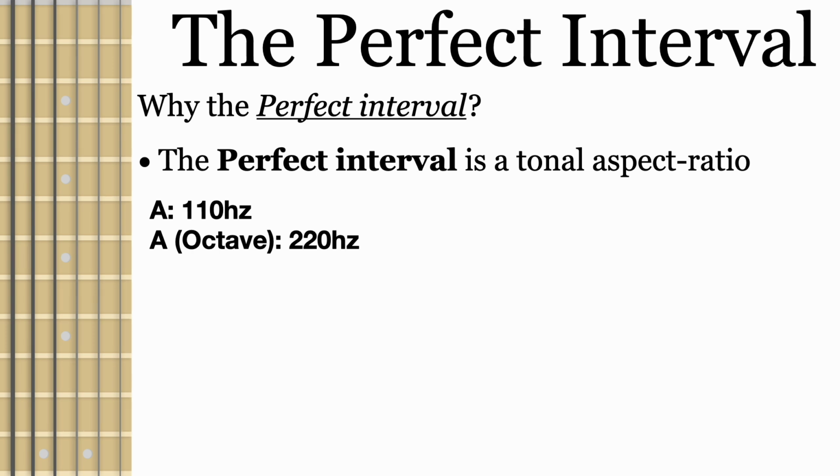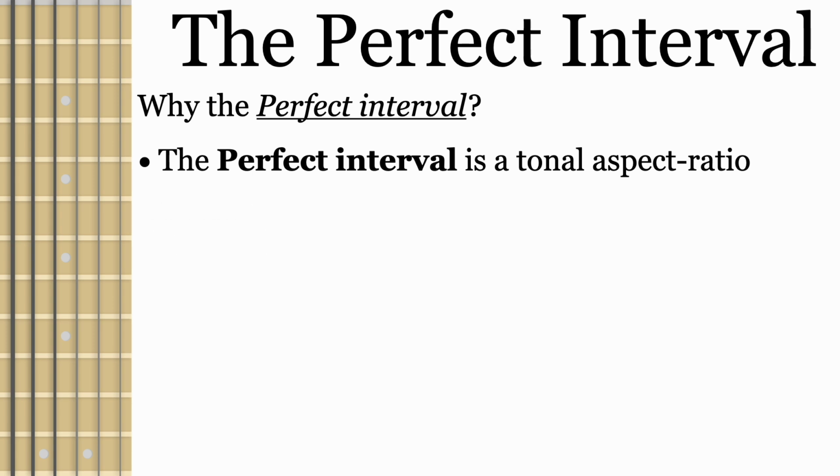We'll look at the octave in a second, but that means at the octave it rings out exactly twice as much as the open A. And if you recall, we call the octave the perfect eighth. The reason we call it the perfect eighth is because it has this perfect ratio, so we have a perfect interval, in this case, the perfect eighth.